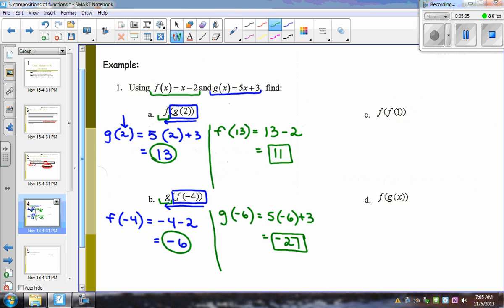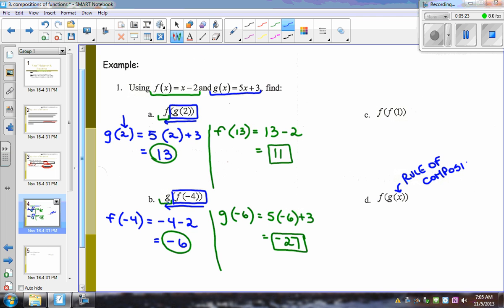Now, the only thing that can make this a little bit more challenging, guys, is seeing something like what you see in D, where hopefully we notice that instead of a numerical input, we actually have a variable. When doing so, this is known as finding the rule of the composition.